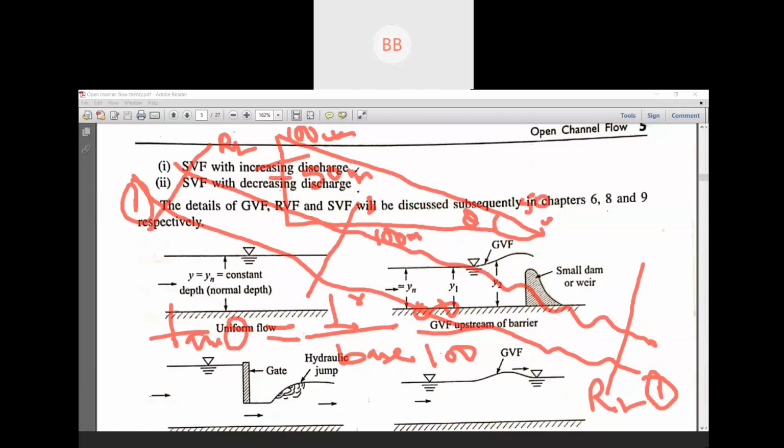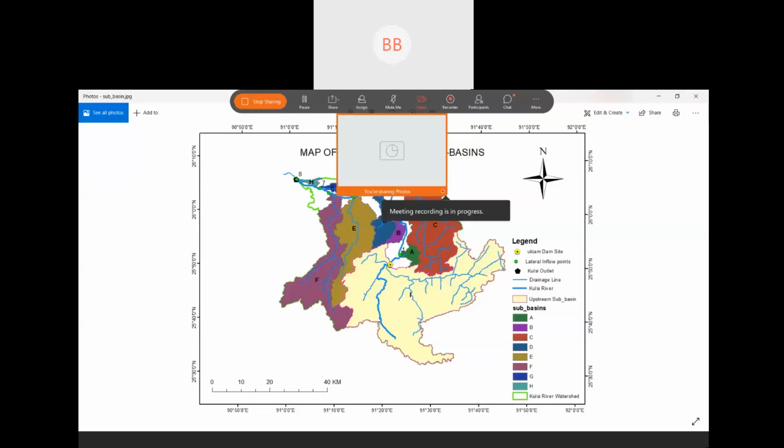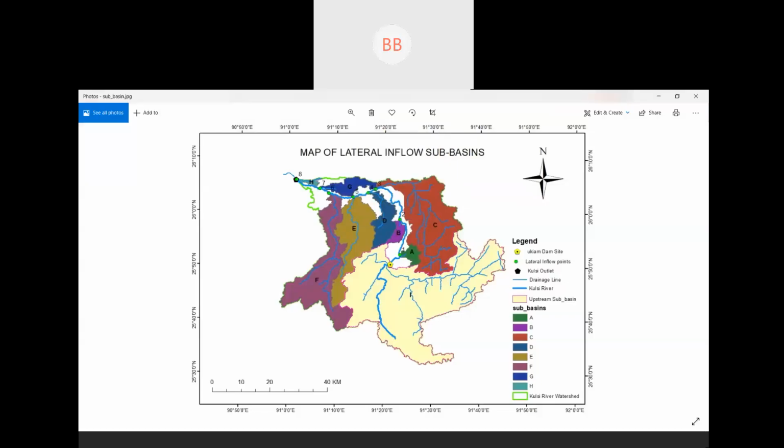In Kulsi River, what we did, we found two slopes. One is the slope of the whole channel, meaning what the elevation is here, and what the elevation is in the downstream.